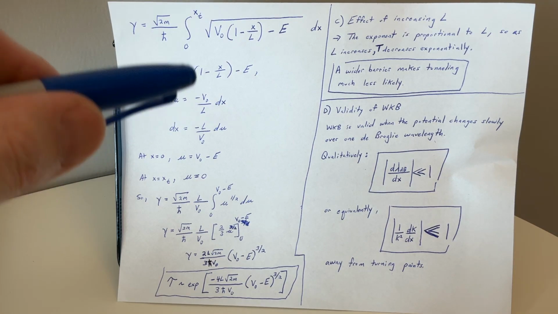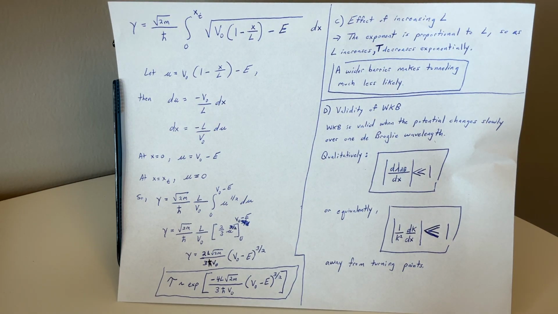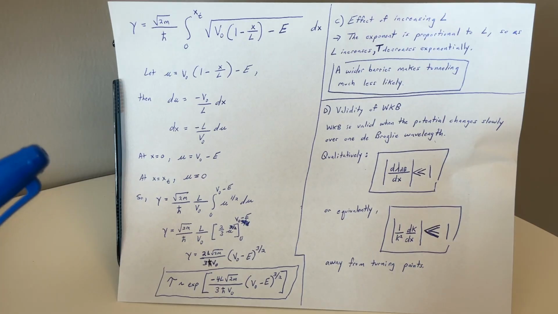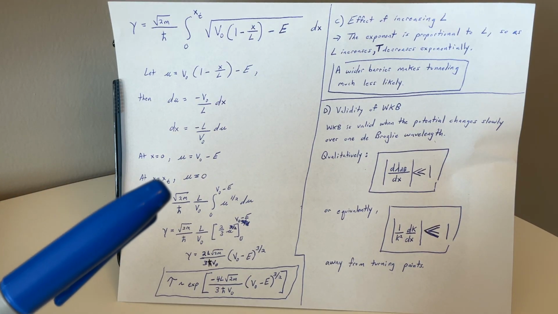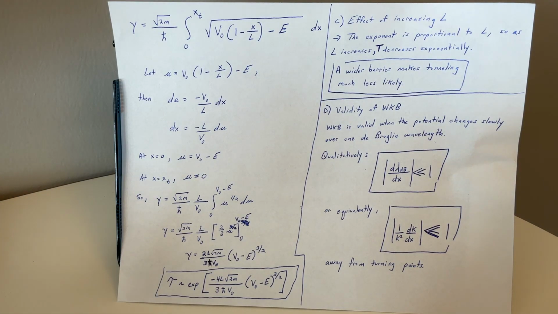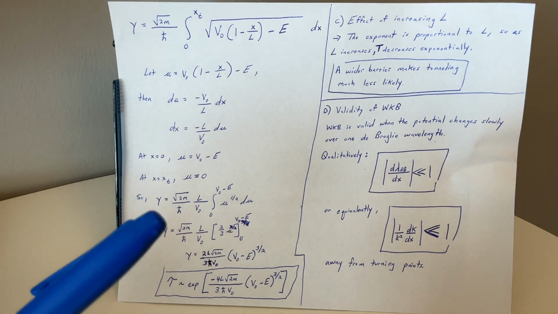Then du is negative V naught over L dx, so dx is negative L over V naught du. So at x equals 0, u equals V naught minus E, and at x equals x sub t, u equals 0. So we've changed variables here.